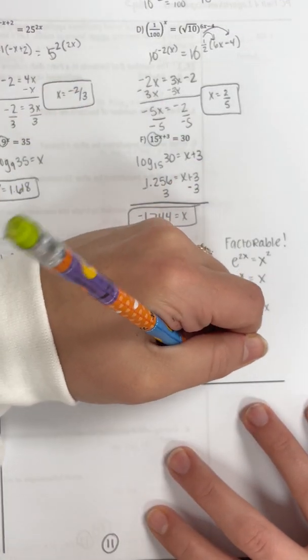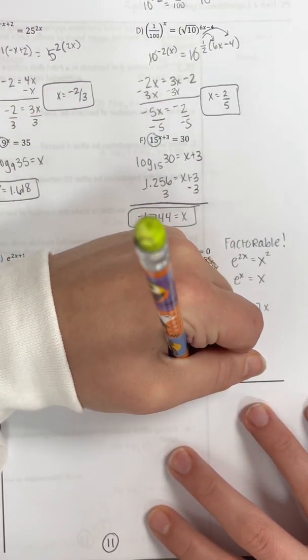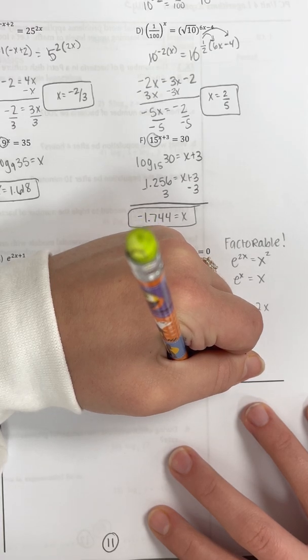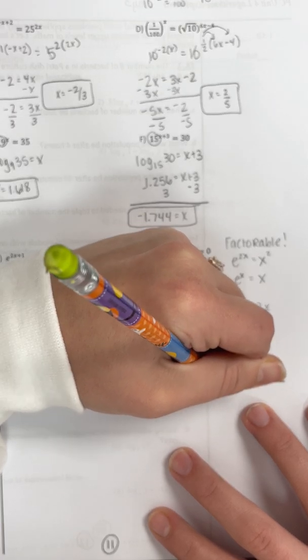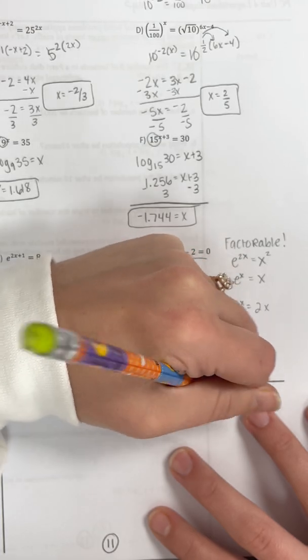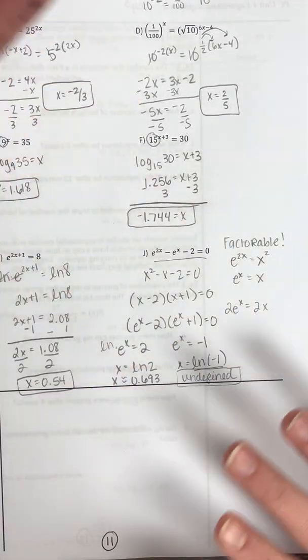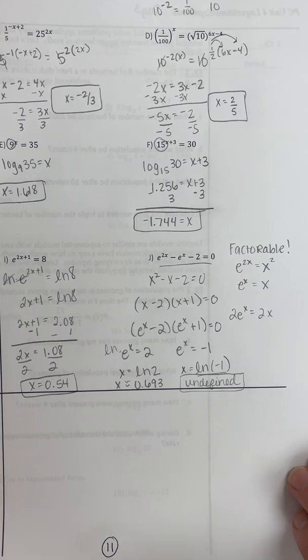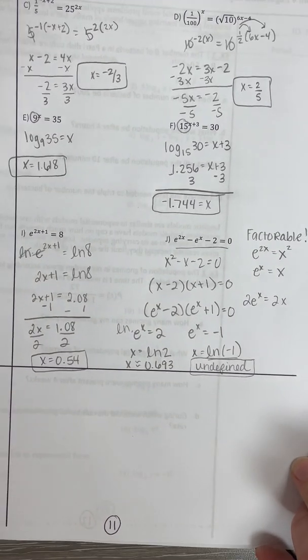And we cannot have a log of a negative, so this one is undefined. It's also called extraneous. And that is going to be all for our 4.3.